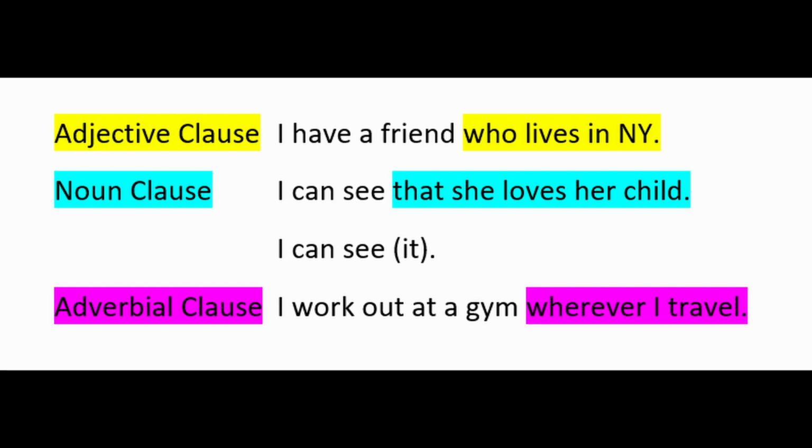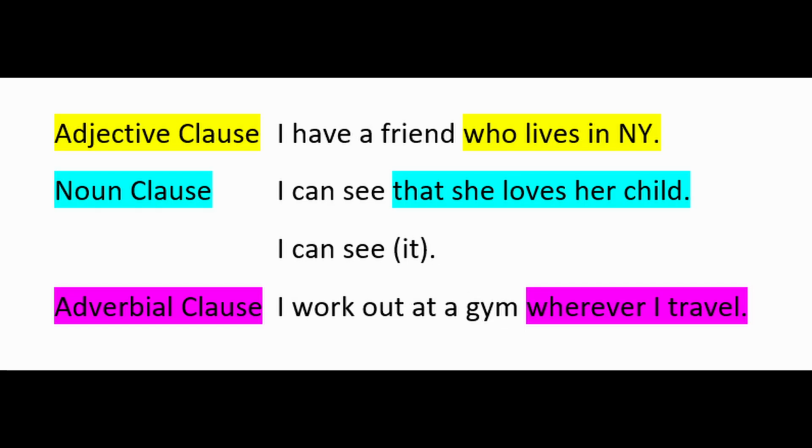What can you see? I can see it. I can see that she loves her child, that's all acting like a noun, right? It's not describing. If you can replace that clause with the word it, then that is a noun clause. Does that make sense? I can see it, right? I can see that she loves her child. So that's called an object noun clause, okay?